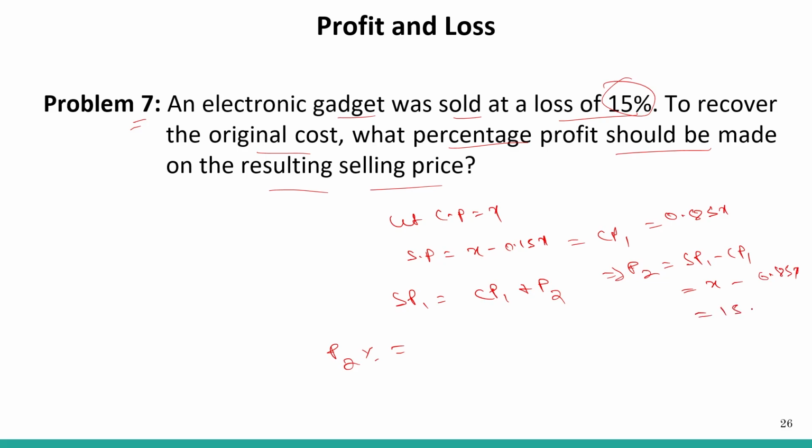So this is equal to 0.15x. So this is equal to 0.15x divided by the cost price 0.85x, into 100. So this is nothing but 3 by 17 into 100. So this much amount in percentage.